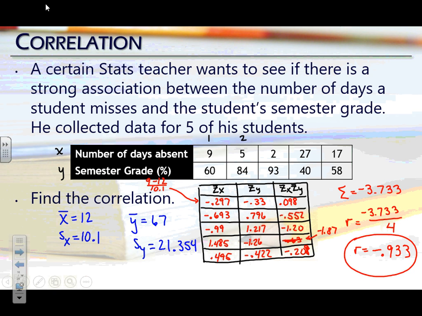So what you guys need to do here, if you want to calculate correlation in your calculator, you already have the data entered into your list. That's step 1. Step 2 is to go to your stat menu, go over to calc, and I think option 4 for most of you should say LinReg ax plus b.